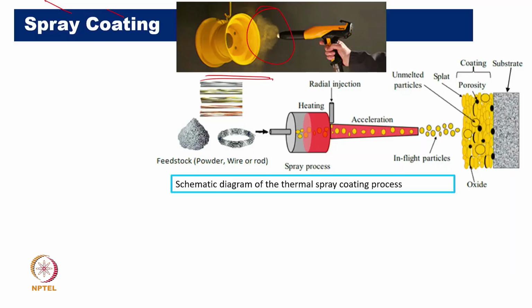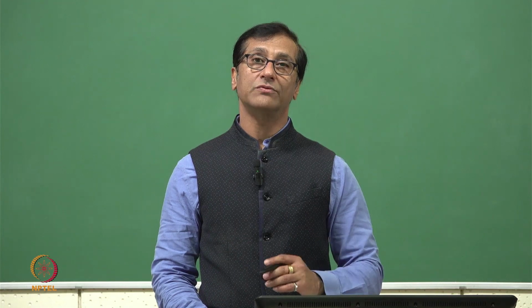What we do in this case particularly, we use thermal energy or heat energy to melt materials, in semi-solid form or liquid form, and then we give a lot of acceleration. So this is what we call in-flight particles. And there is a substrate, and then we directly impinge on the surface itself, and we get a few microns, or maybe say 50 micron layer thickness in one go.